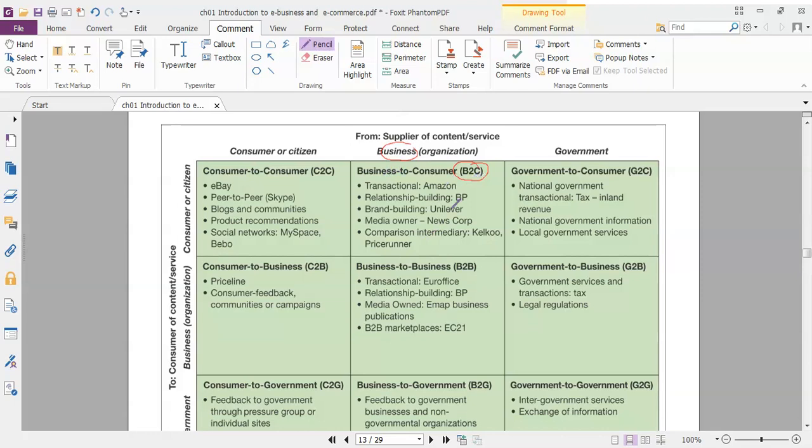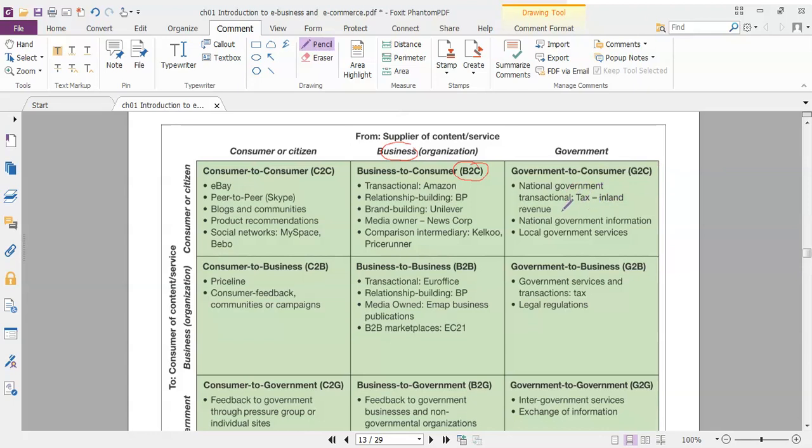What is an example of a service or content from government to consumer? We call it G2C, government to consumer. What is the service from government to consumer using e-business or e-commerce? National government transactional tax, inland revenue.